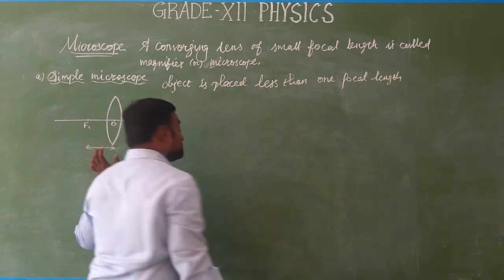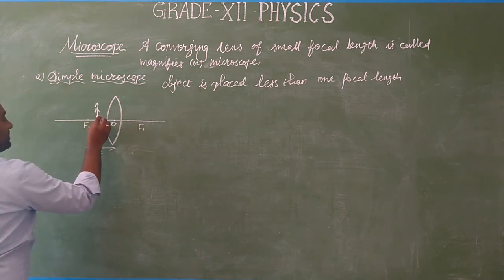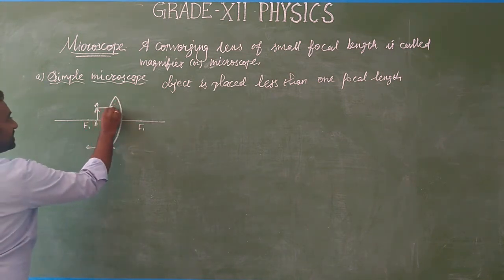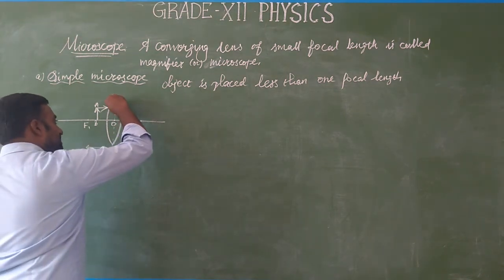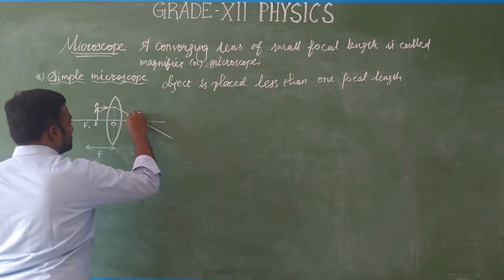So by placing the object less than one focal length, the object is placed here, assume. So AB is the object. Already we know the effective diameter is called aperture. The first ray incident parallel to the principal axis converges to the principal focus.